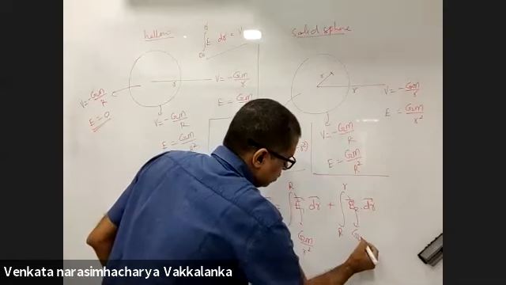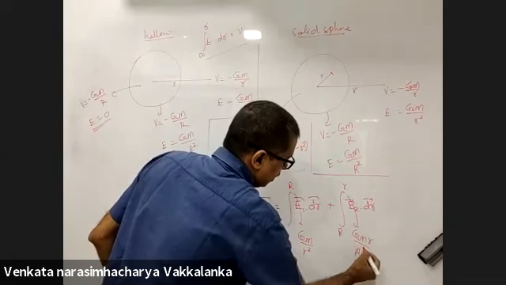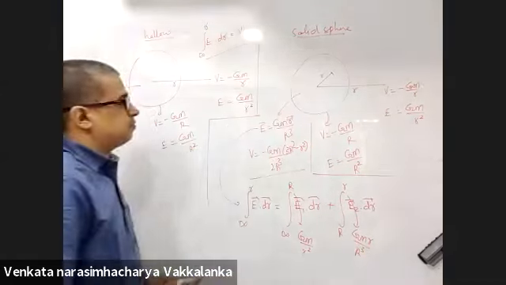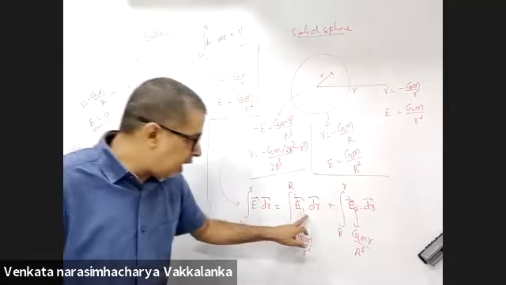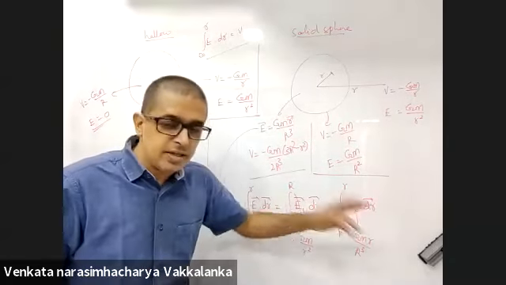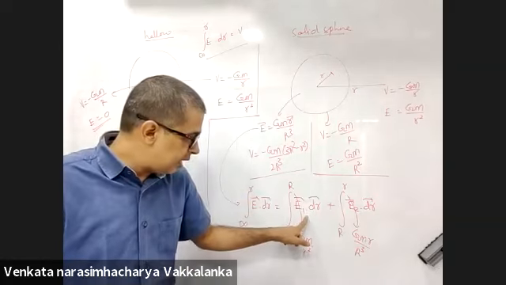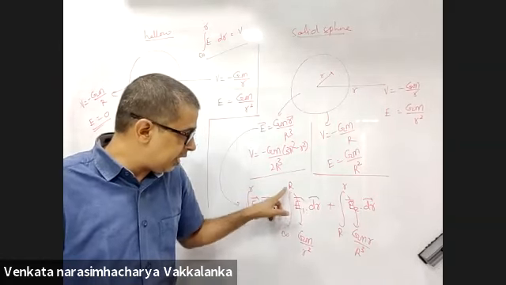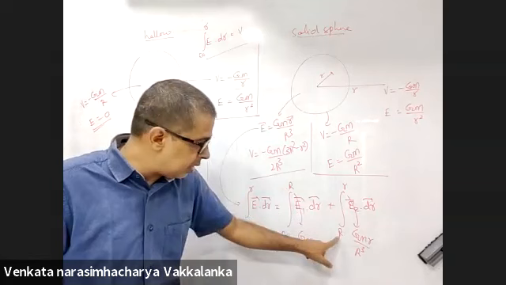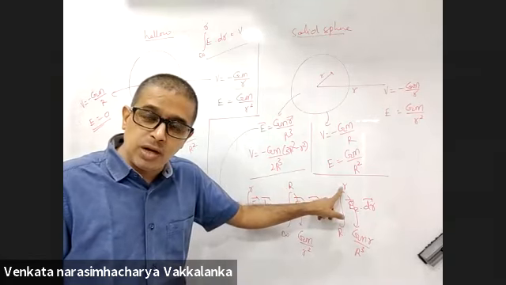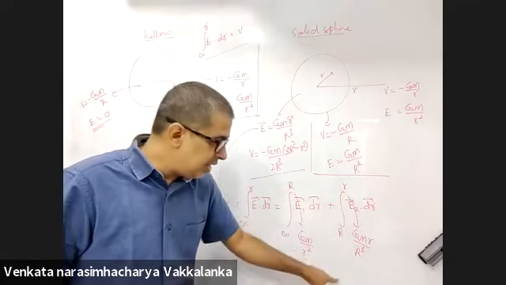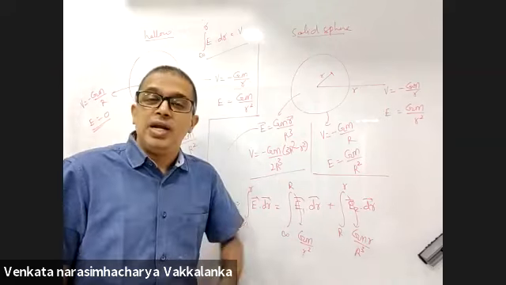E2 value is GM small r by R cube. The field outside the sphere and inside the sphere are not the same. Hence, you will separately integrate from infinity to capital R, then capital R to small r. Integrate and see, you will get the answer.